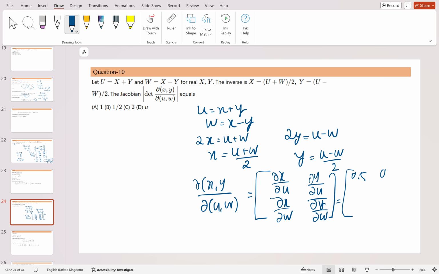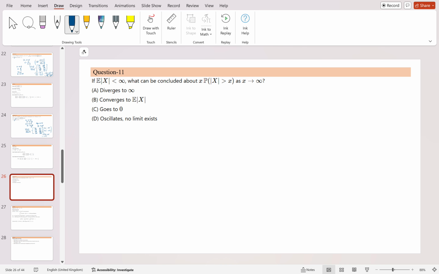Del y by del u is 0.5. Del x by del w is 0.5, and del y by del w is minus 0.5. Okay, find it out. It is 0.25 minus 0.25 minus 0.25. When you add, it will be minus 0.5. When you take the mod of that, it will become half, that is 0.5. Option B is actually correct. Okay, let's move forward, try to solve this problem.